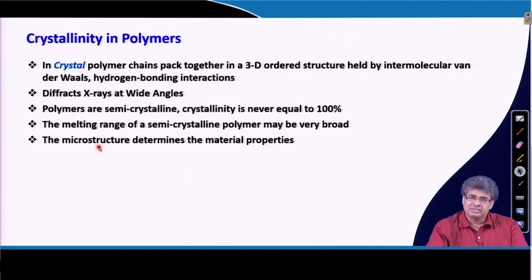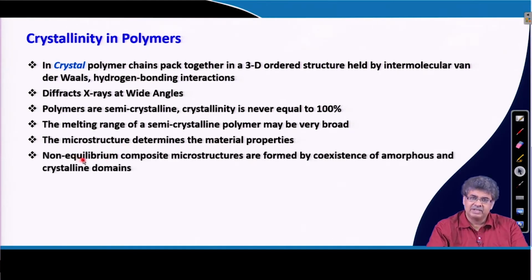And the microstructure of a polymer sample containing both amorphous and crystalline domains actually determines the material property. In effect, when we talk about semi-crystalline polymer, we have non-equilibrium composite microstructures.